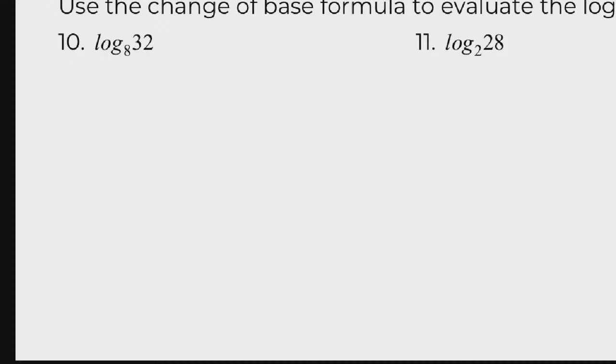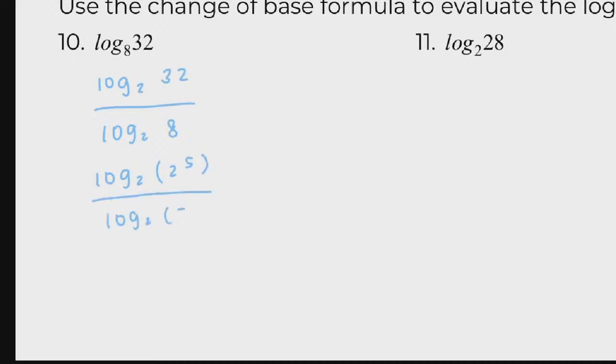So we can change this, using the change of base formula, to log base 2 of 32 over log base 2 of 8. 32 is 2 to the 5th power, and 8 is 2 to the 3rd power. So that means the logs will cancel out, and we get 5 over 3.